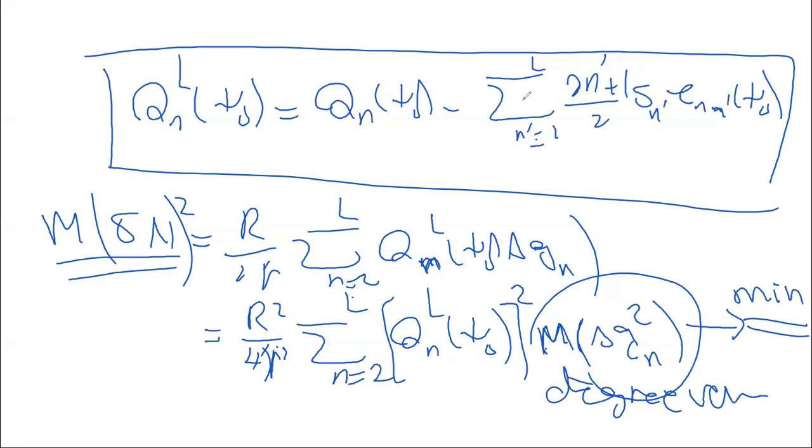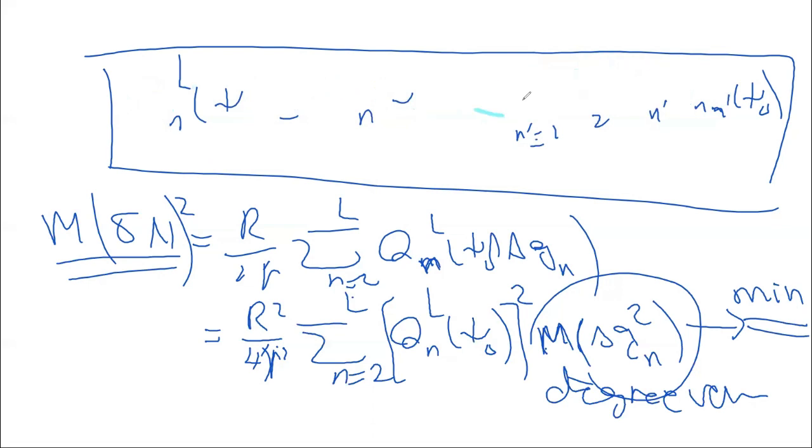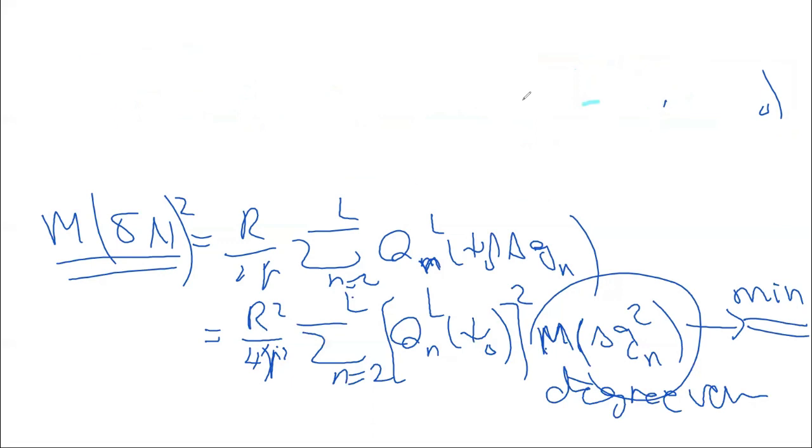How do I do that? I take the derivative with respect to Sn parameters. This term is not important, I will ignore it.